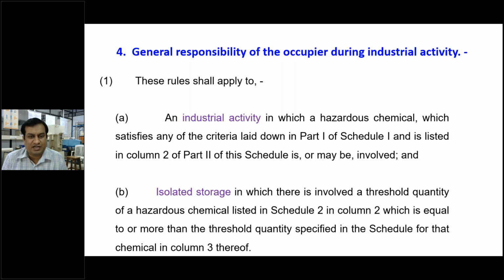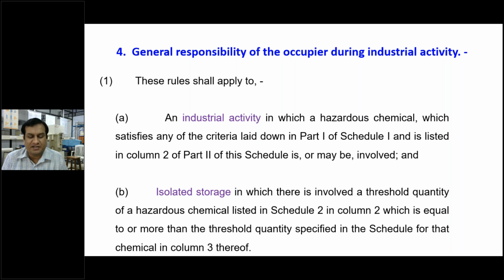An industrial activity in which a hazardous chemical which satisfies any of the criteria laid down in part 1 of Schedule 1 and listed in column 2 of part 2 of this schedule is or may be involved, and the isolated storage in which there is involved threshold quantity, Schedule 2, column 2.